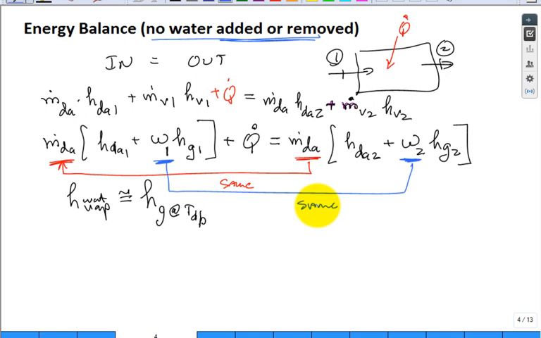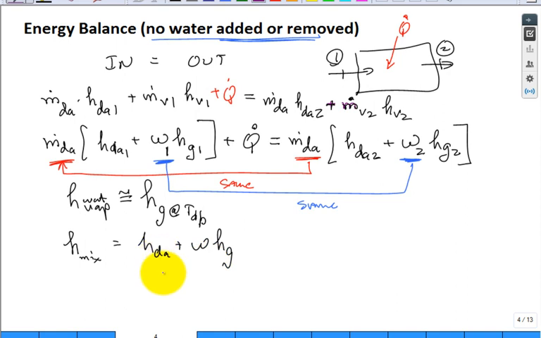All right. Sometimes what they'll do is they'll introduce just an H for the mixture. What do you mean by H of the mixture? It's an enthalpy for the moist air. It's the enthalpy of the dry air plus the omega times the enthalpy of saturated vapor.